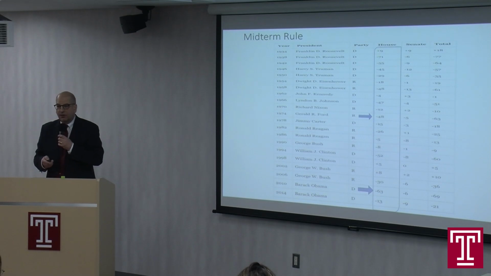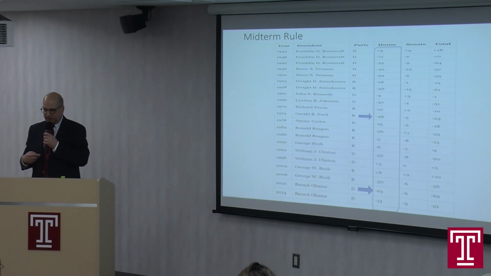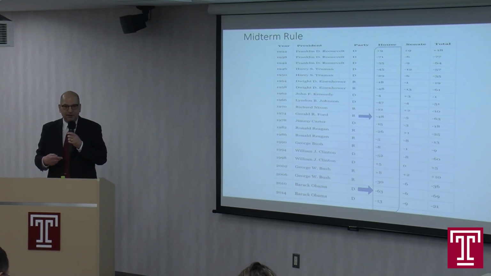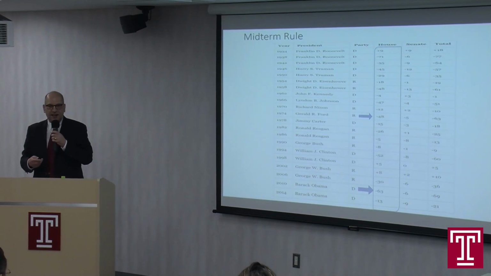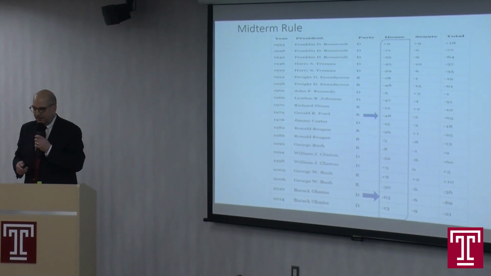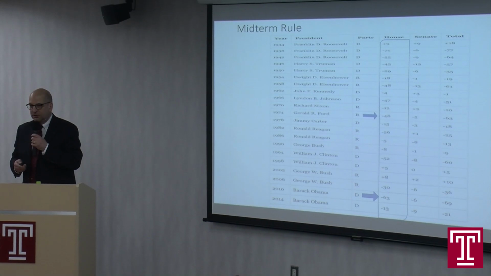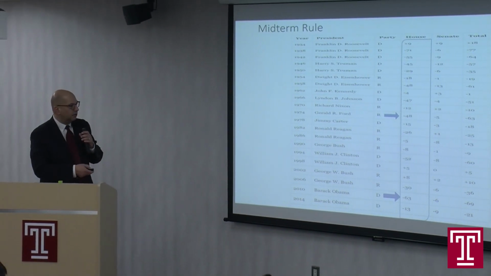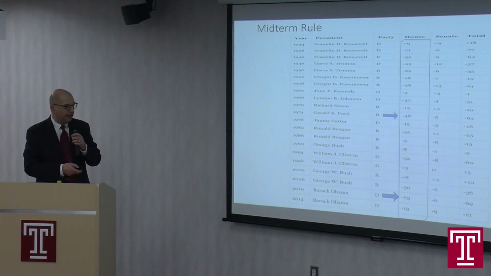In fact, you know, political scientists, right, we call ourselves scientists, but we don't have many rules, right? We don't have many laws that can be reproduced. This is not physics. The one rule we have, though, is that most of the time, the party in power will lose seats in the House of Representatives. And you see here, it almost always happens. Virtually every president.